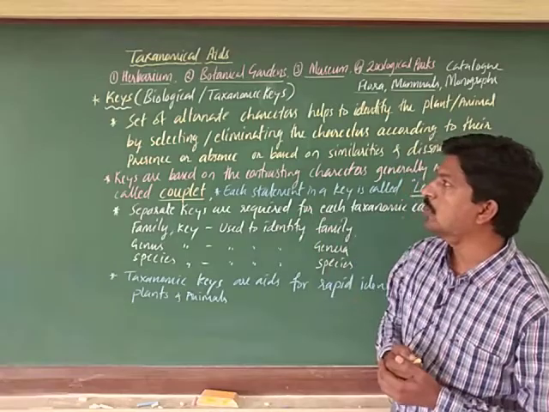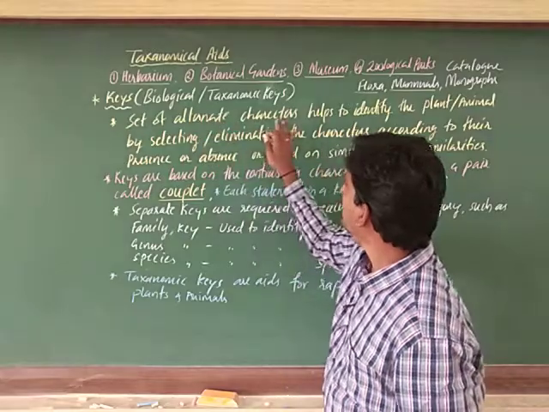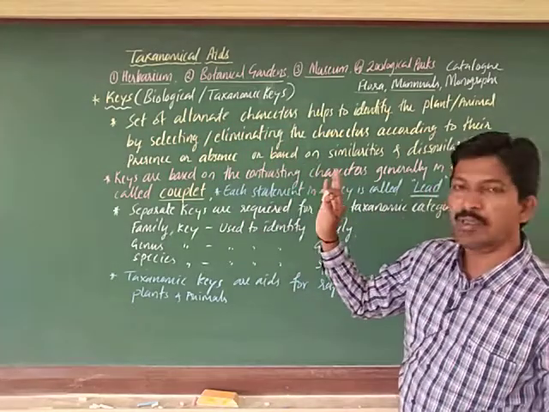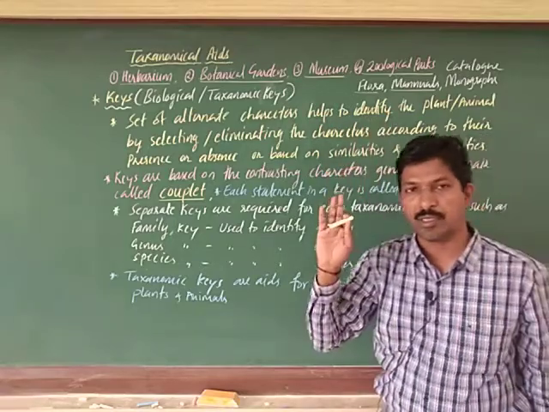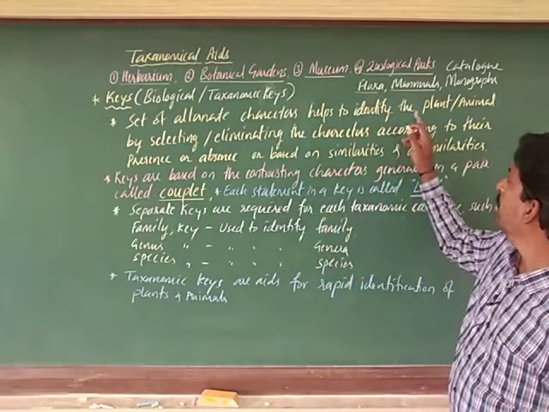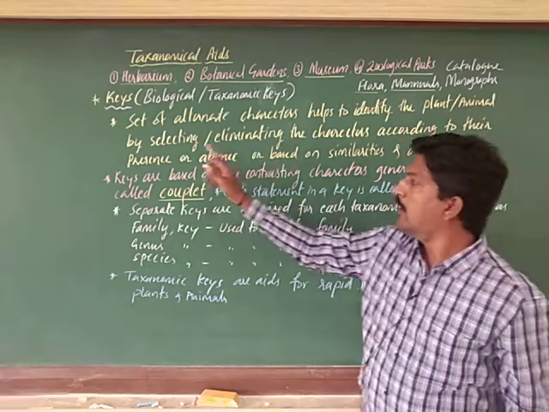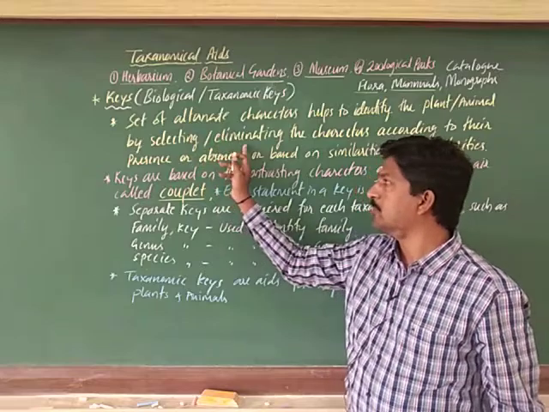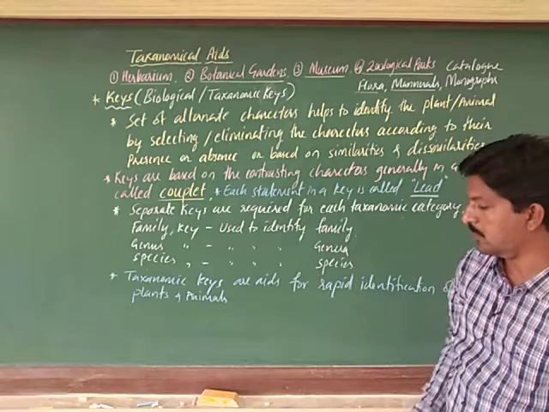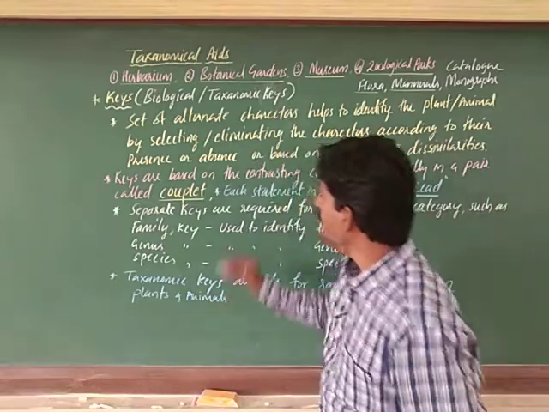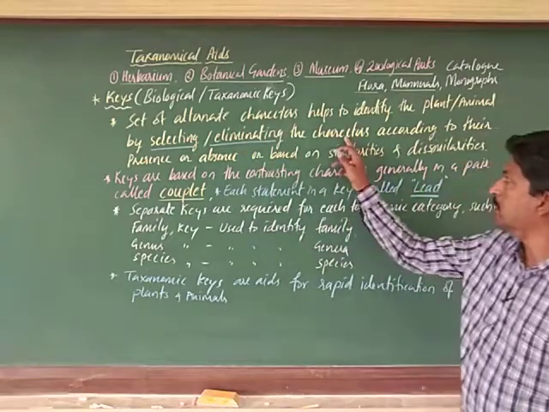So here also there is a set of alternate characters that helps to identify the plant or animal by either selecting or eliminating the characters. This is important.